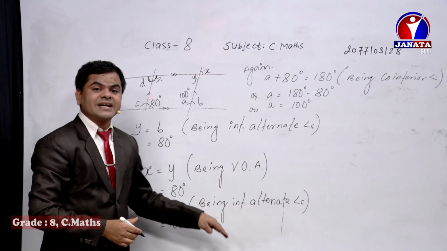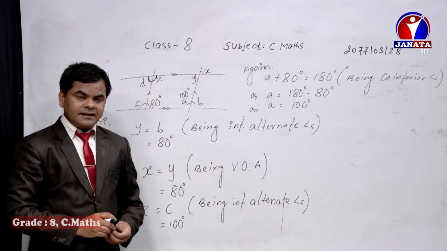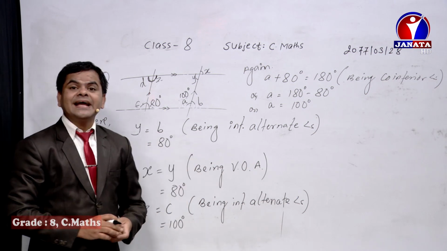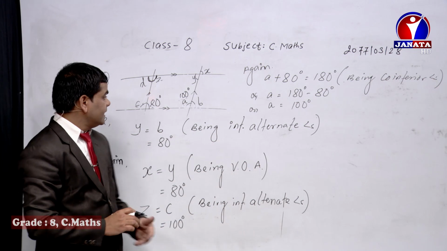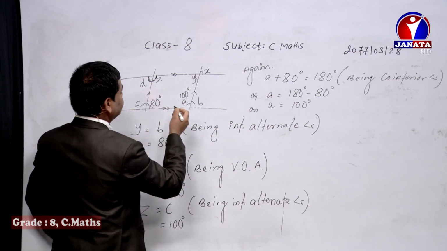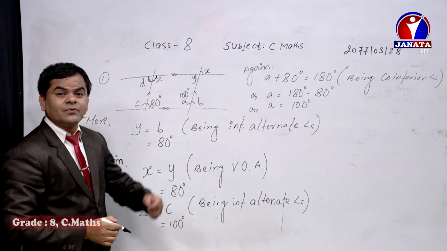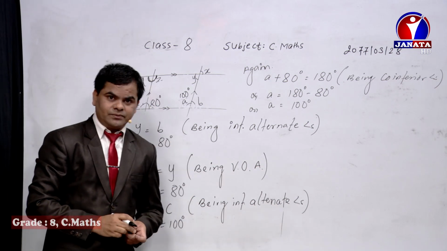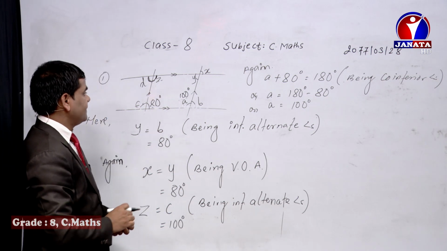Now you need to present that information in the copy, and you need to write the reason why a's value is 100 degrees. After finding the value of a, now your choice, dear students, of which one you want to find. There are so many variables to be found, so you can use any one.